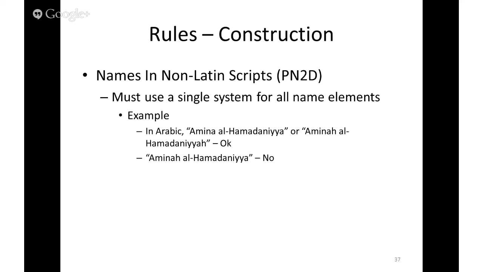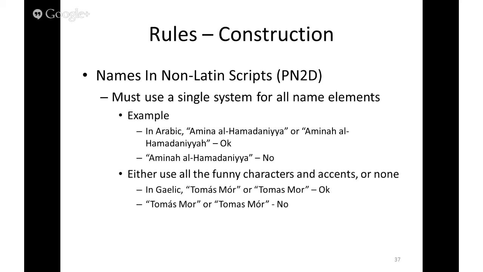You can either have the trailing A's or the trailing AH's. And either one is okay, because either one is consistent. But you can't have an AH in Amina and no H in Hamadaniya, because those are 2 different, whatever the Arabic character is, some transliteration systems turn it into an A and some turn it into an AH. And you have to use the same one for all elements.